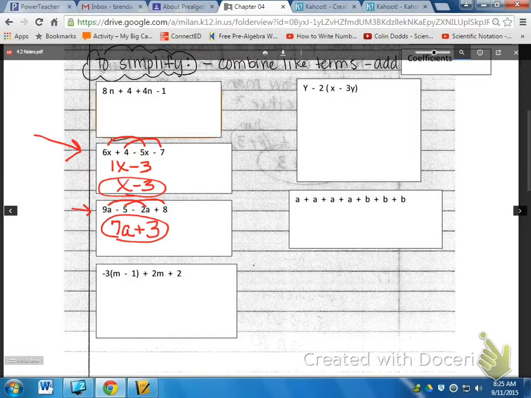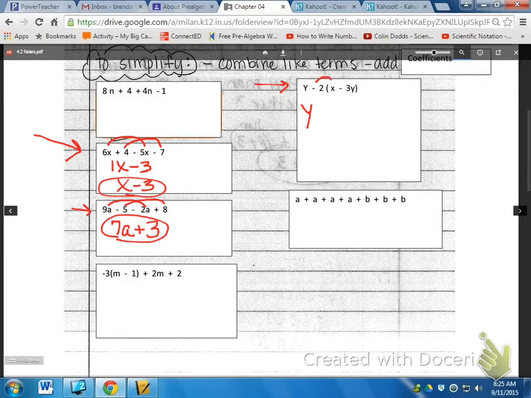Okay, we're going to switch to this one over here on the upper right. I've got parentheses, which means we have to take what we did yesterday and distribute before you can combine like terms. So let me do this one. I've got a y that I'm just going to bring along because I can't do anything with it yet. And then I have a negative 2 out in front of this parentheses.